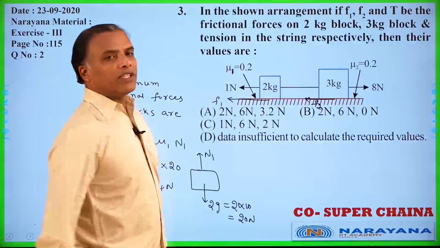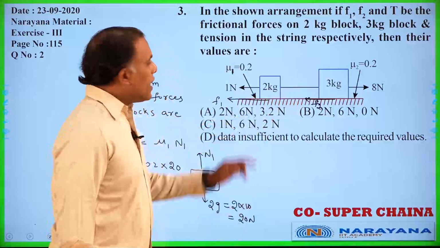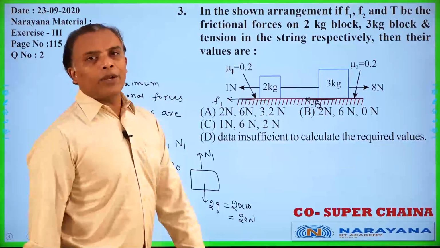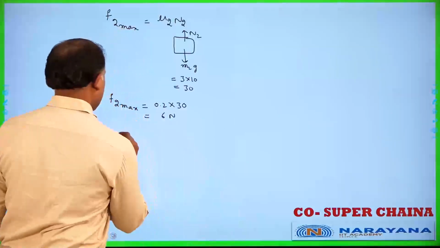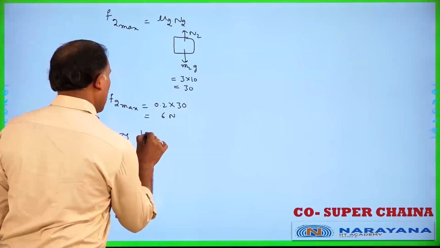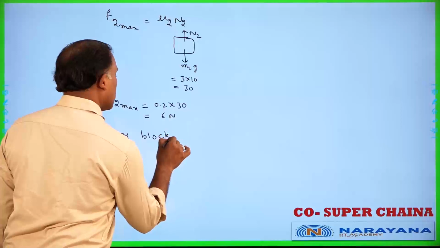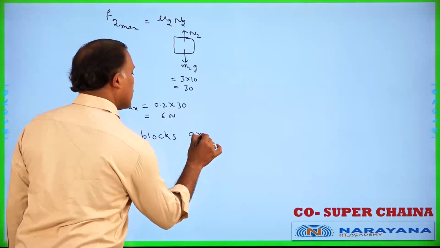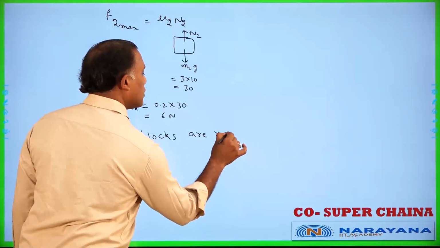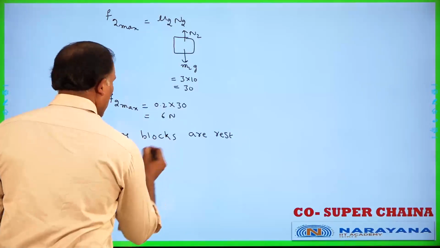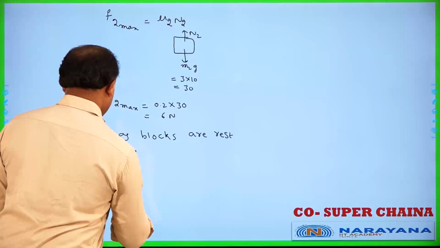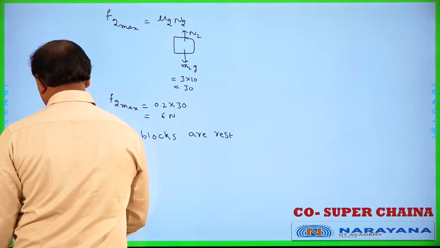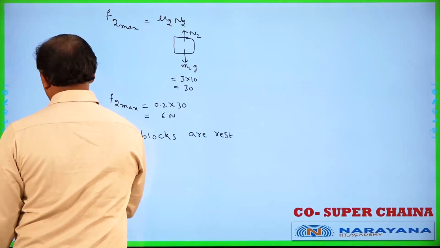Let me consider first a free body of 3 kg and next the free body of 2 kg. As blocks are at rest, the sum of maximum friction values is more than the applied forces.